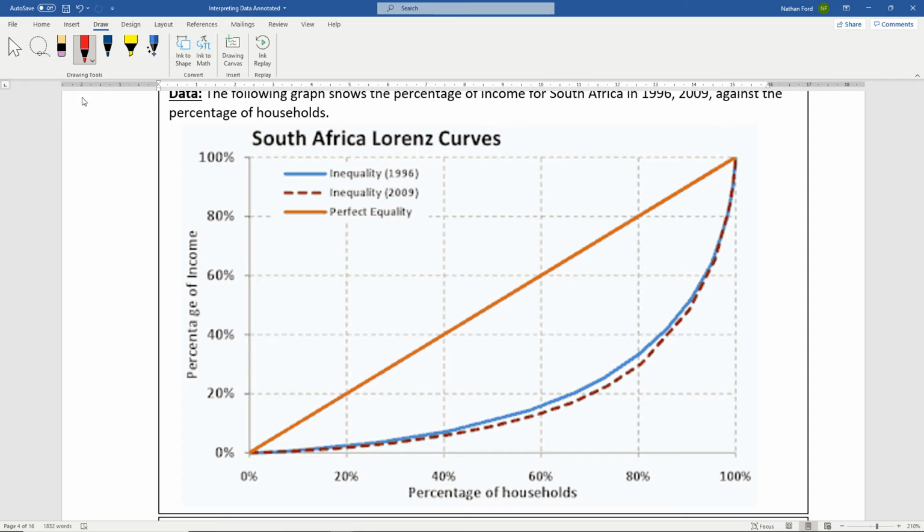The easiest way to think about it: if it's perfectly equal, 50% of the income should be equal to 50% of the households. So if I read across, it should be there. That makes sense. That's why that is your equality line, because that's what we'd expect.